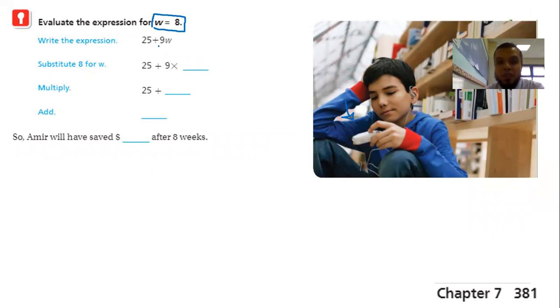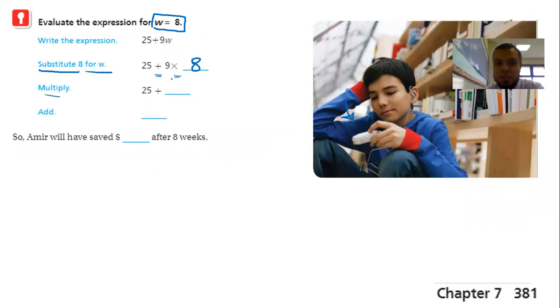25 plus 9W. What should I substitute for W? Excellent, substitute 8 for W. What operation should you start with if you have addition and multiplication? Exactly, multiplication. Good job.